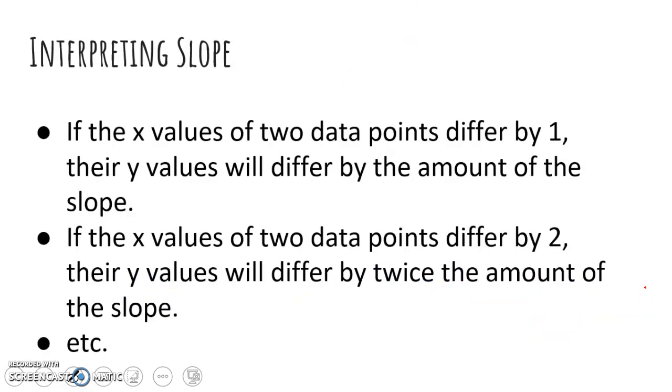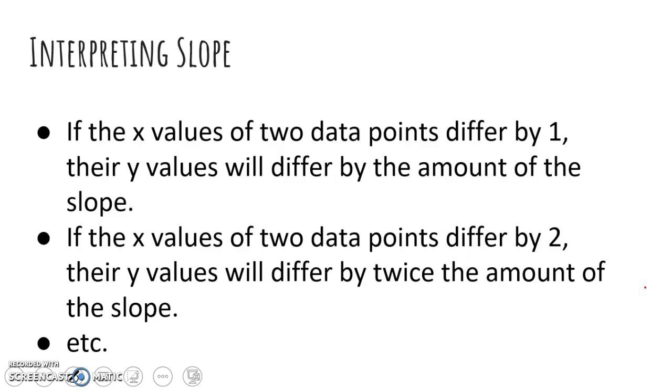All right. Next, let's talk about interpreting slope. So, if the x values of two data points differ by 1, their y values will differ by the amount of the slope. So, if the x differs by 1, then the y will differ by the amount of the slope.